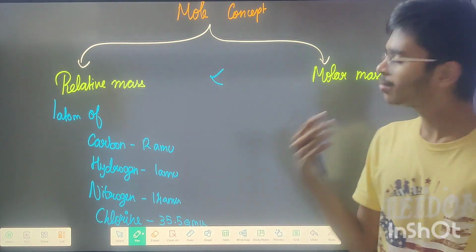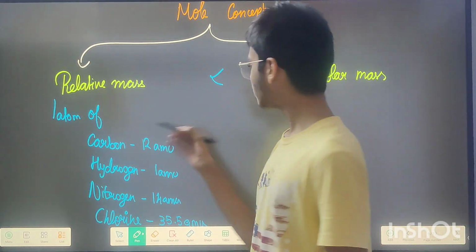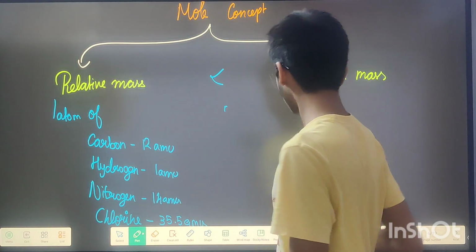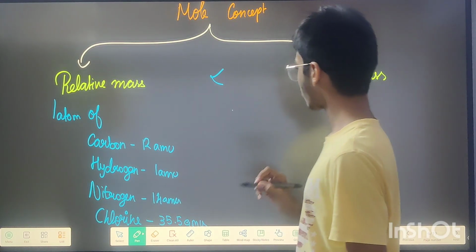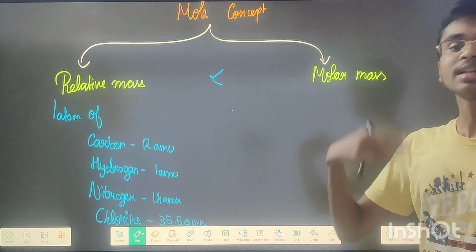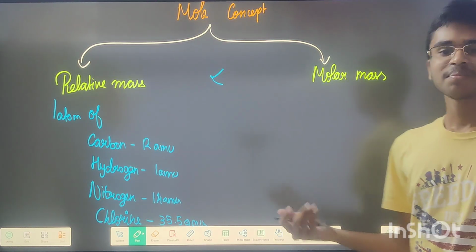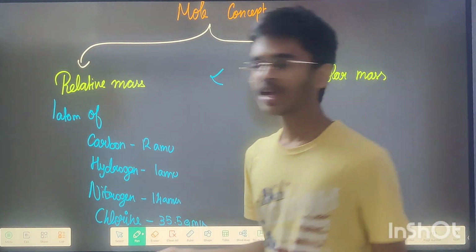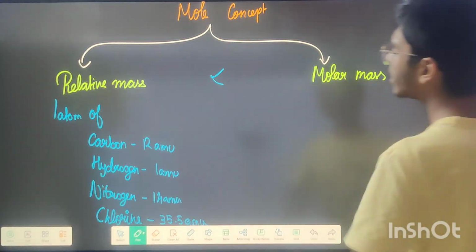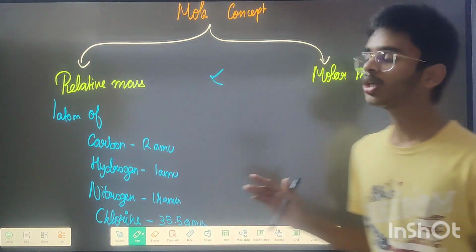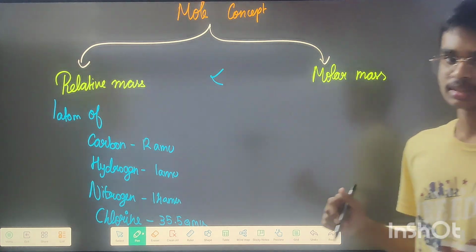It's impossible, right? Because even one small dot will have millions of atoms inside it. So you cannot do anything by using this relative mass. What you have to use is molar mass in this case.